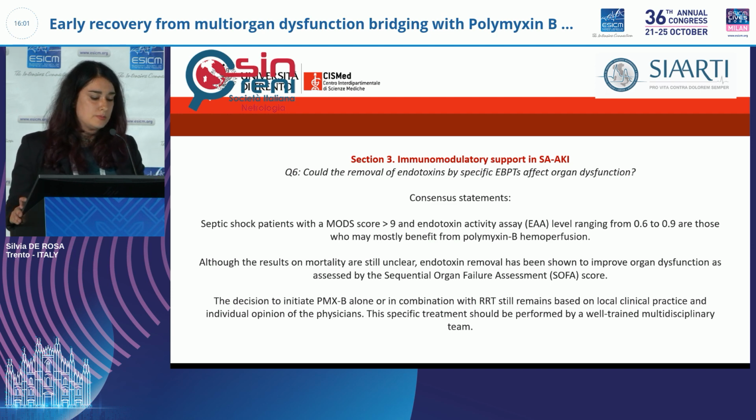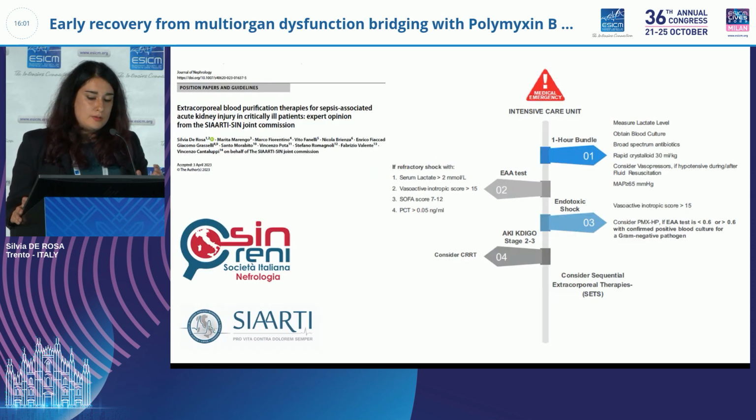Although the results on mortality are still unclear, we know endotoxin removal has been shown to improve organ dysfunction, as assessed by the sequential organ failure assessment score. So probably the decision to start should be based on local clinical practice, and we should consider that we are really an expert center on this treatment. And we also suggest a flow chart.